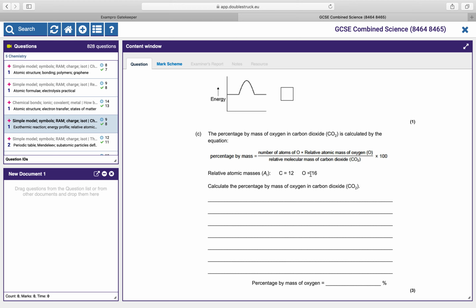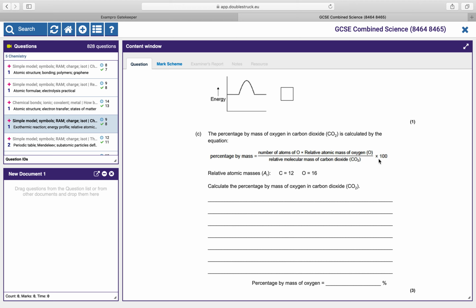Add 12, that's 44. And so you will have 32 divided by 44 multiplied by 100. And I don't have a calculator with me. Yep, hang on a second. I do have a calculator with me.